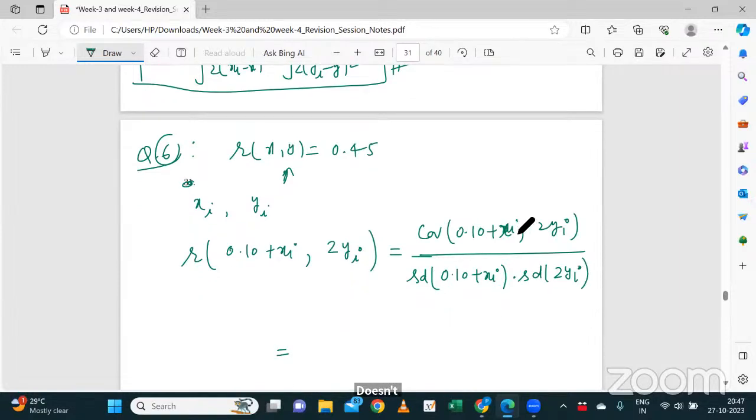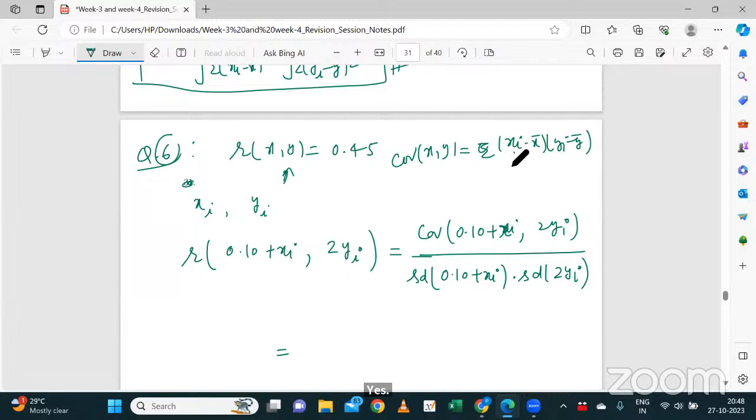What about the covariance of the above one, with the addition of 0.10 plus xi? Addition will not have any effect, right? Why? I will tell you. Because covariance of x comma y means you are doing the summation of (xi minus x bar) into (yi minus y bar).